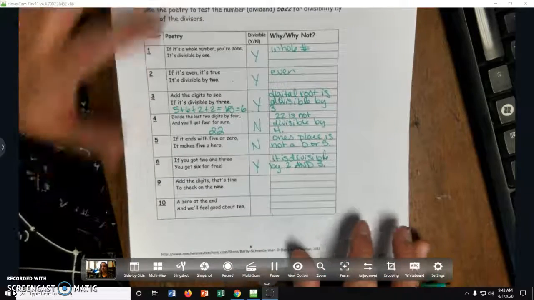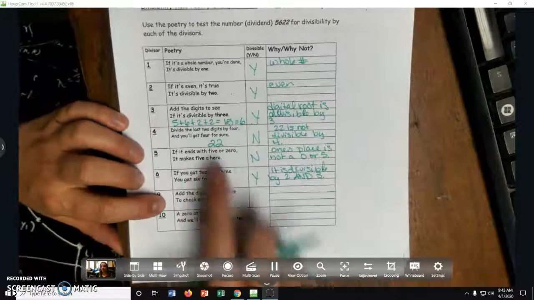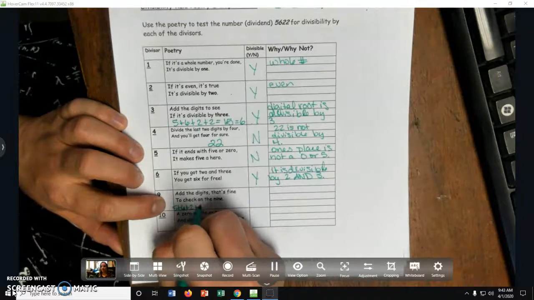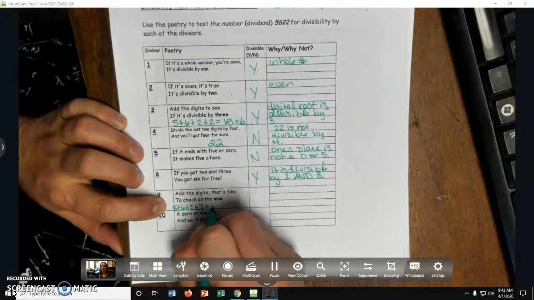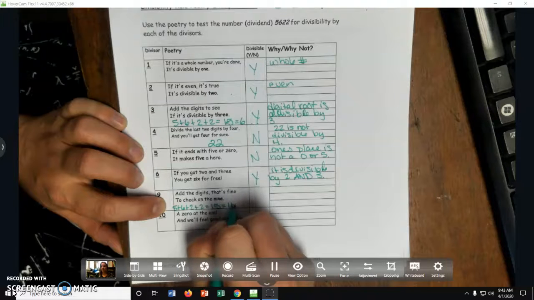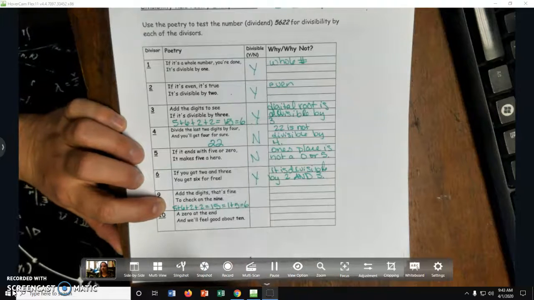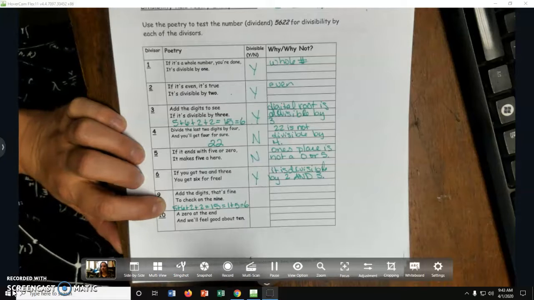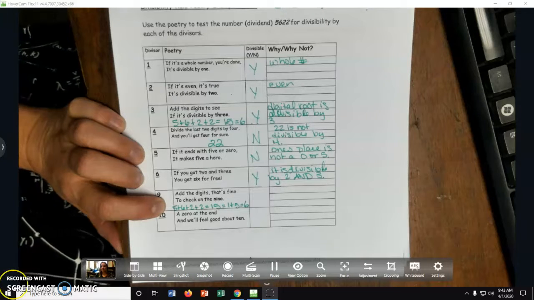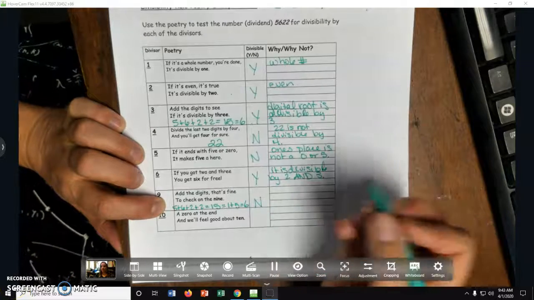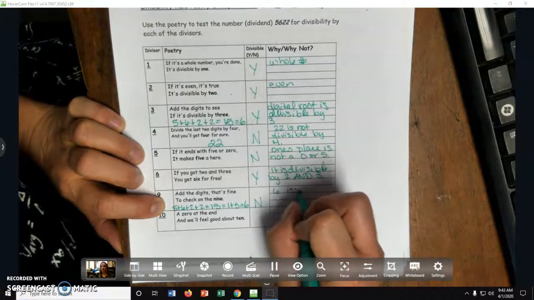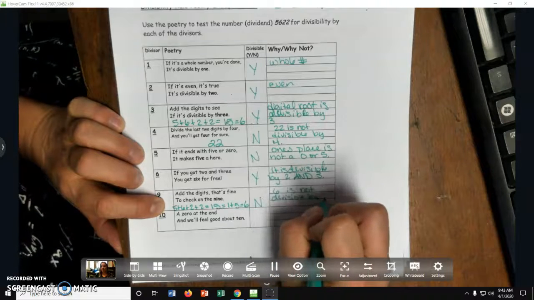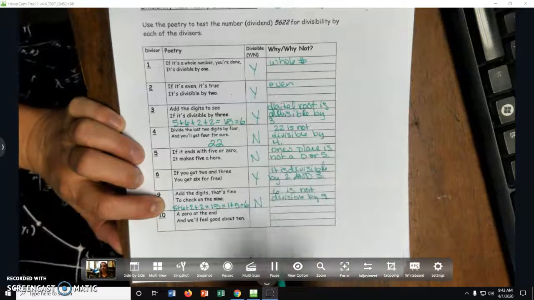Is this number divisible by 9? All right, well, this is the sum of the digits again. Well, we did the sum of the digits up here, so we could do it again if we didn't do it before. So we ended up with 15. We're taking the 1 plus the 5 to get a digital root of 6. Okay? So is 6 divisible by 9? No. 6 is not divisible by 9.